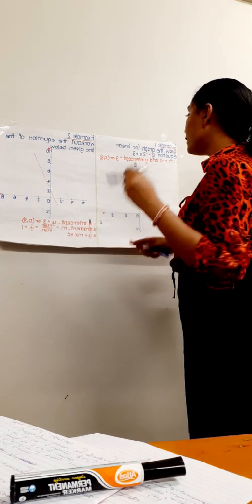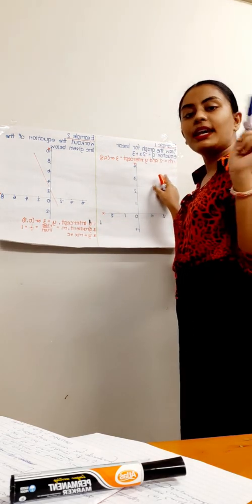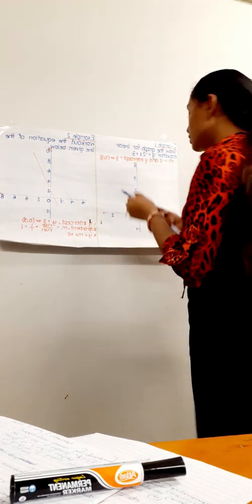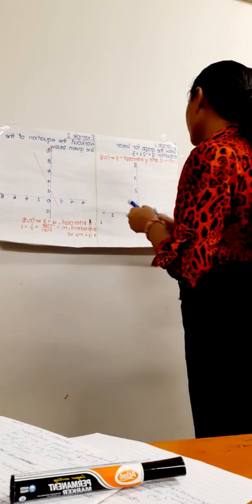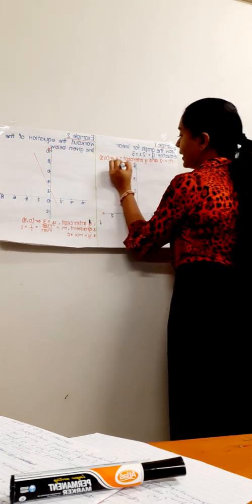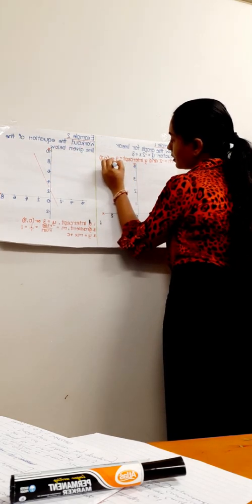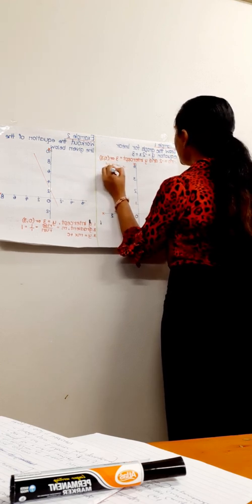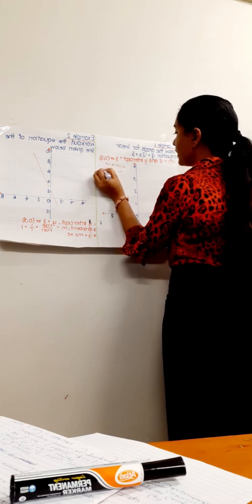For this, you have to solve for the y-intercept, where x equals 0, and for the x-intercept, where y equals 0. So for the y-intercept, x equals 0, y equals negative 2 times 0 plus 3.